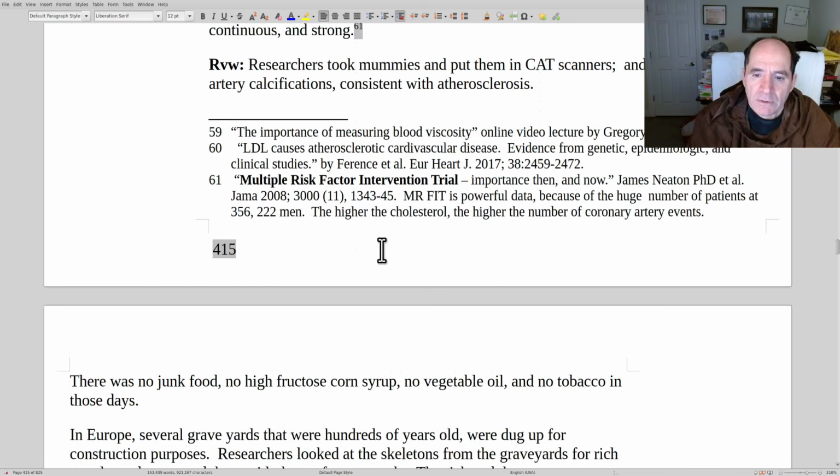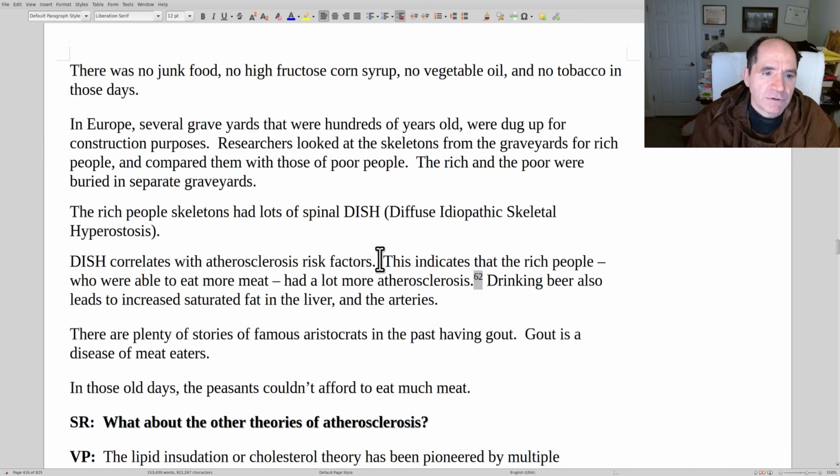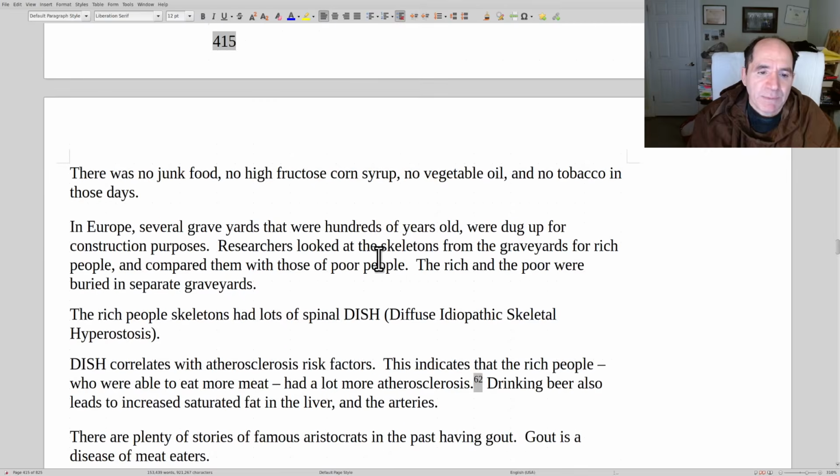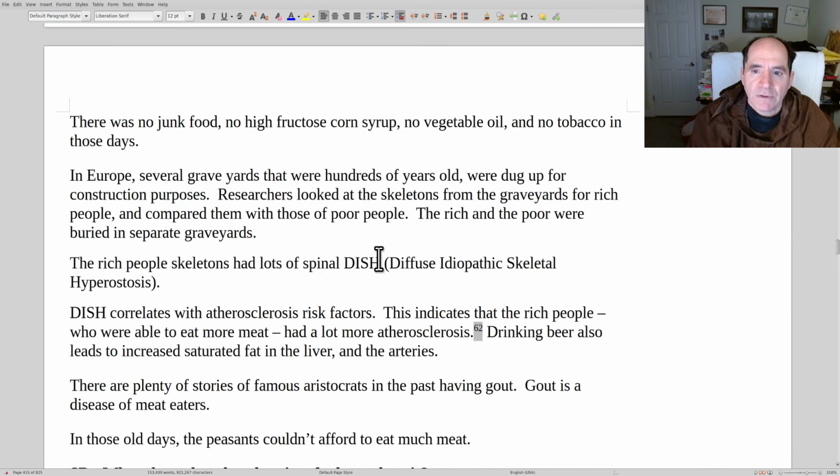And there's been a whole bunch of other cholesterol studies, the Seven Countries Study and a whole bunch of other ones. Back in those days, it was probably from the fat, because there weren't all these other complicating variables like vegetable oil or tobacco or high fructose corn syrup or processed food. There have been other epidemiology studies, like in the graveyards of Europe when they did construction on them.